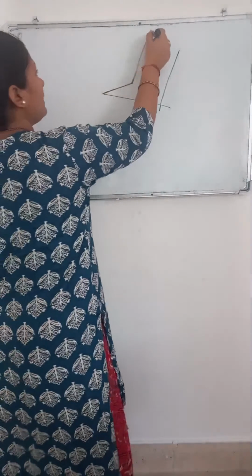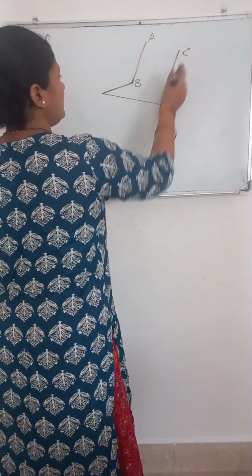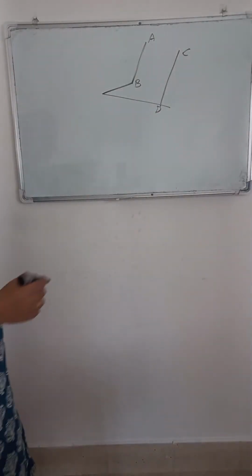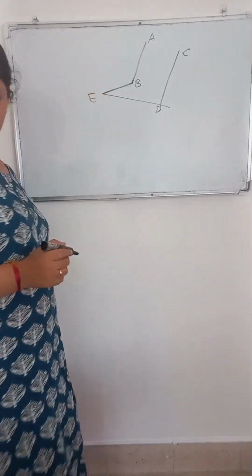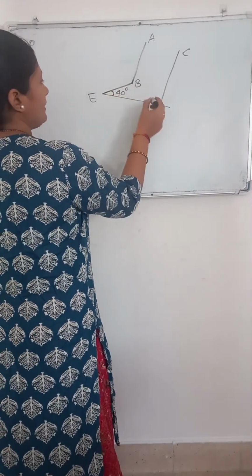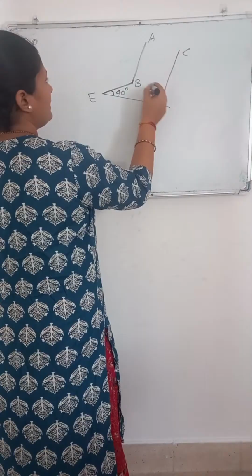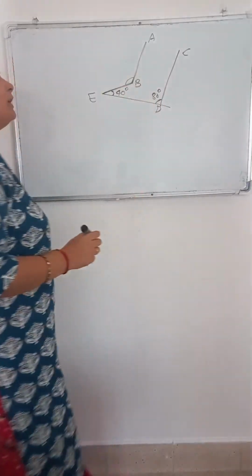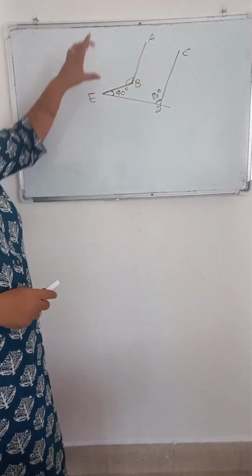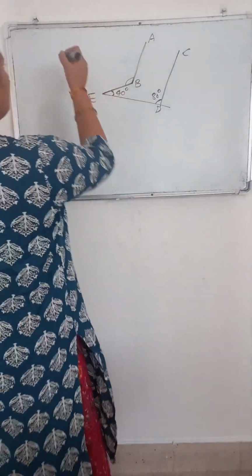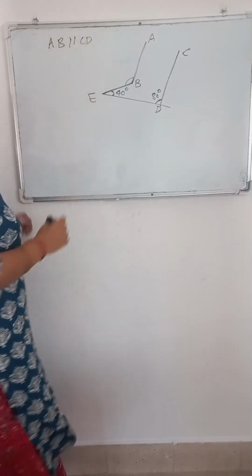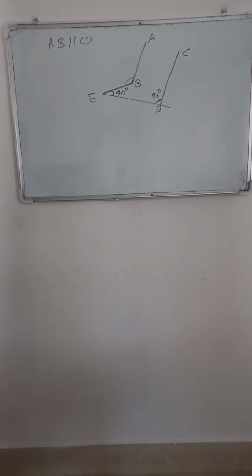This is A, B, C, D. This is E, and this angle is given as 40 degrees and this angle is given as 80 degrees, and they are asking to find ABE. In the question it is given that AB is parallel to CD. So this information is given.